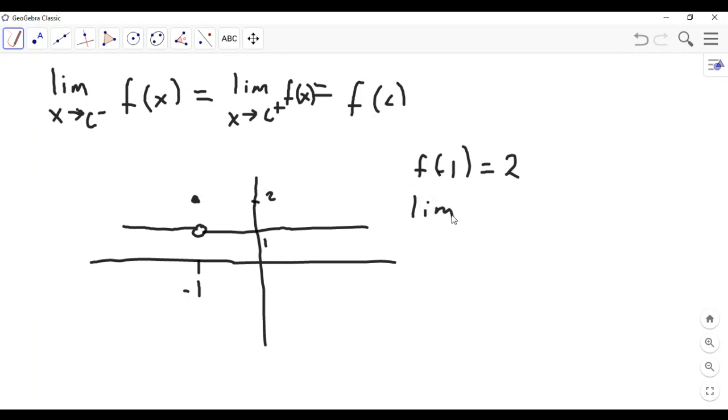However, the limit as x approaches -1 is equal to +1. And since these two values are not equal, we say that the function is discontinuous. That is the definition of continuity.